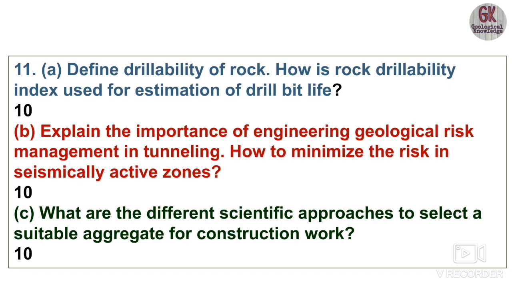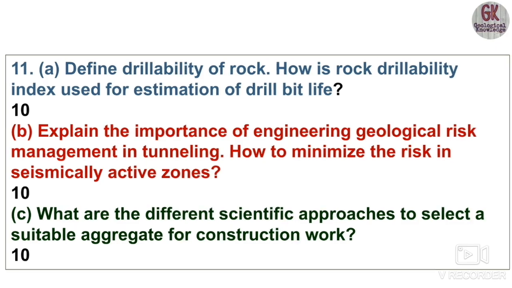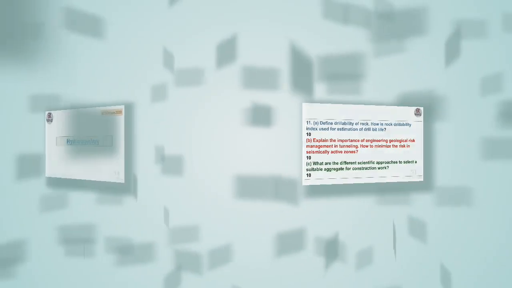What are the different scientific approaches to select suitable aggregate, or the rock material especially. Okay, so what should be its strength, what should be its compressive strength, and what should be its durability, means how durable they are, whether they are faulted, folded, or jointed. Okay, so that you have to talk about the scientific approaches.